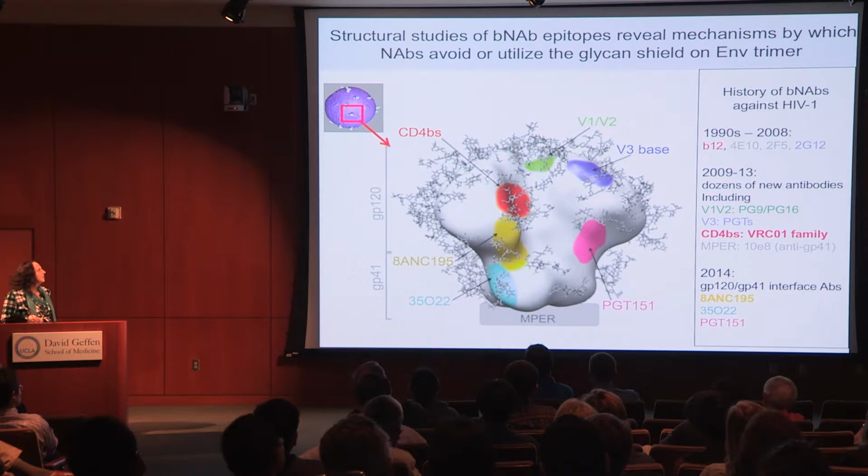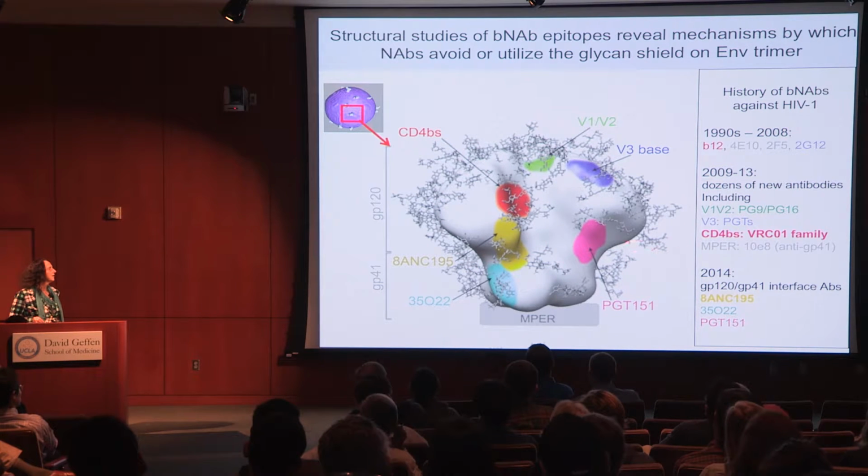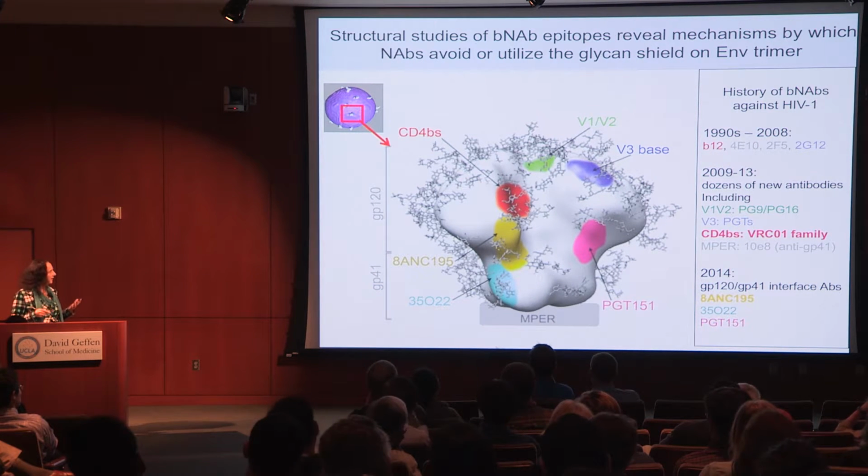But the amazing thing is the antibodies reach in through this extensive glycan shield. This is modeled here. This is not what it really looks like at all, but this is what you'd find in papers up until recently, because people didn't really know what the glycan shield looked like. But it was clear that the huge number of glycans on the envelope were blocking access of antibodies, and then the antibodies learned ways to actually interact with those glycans.